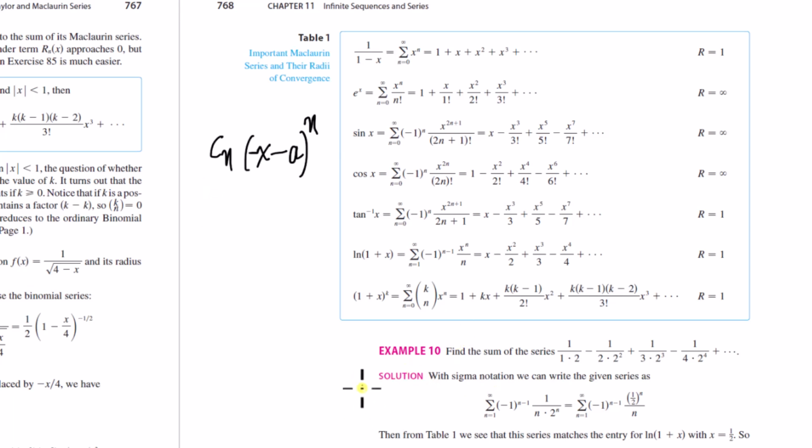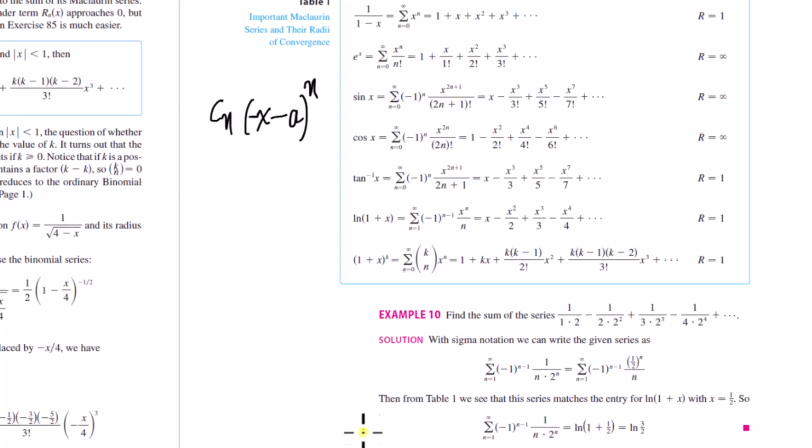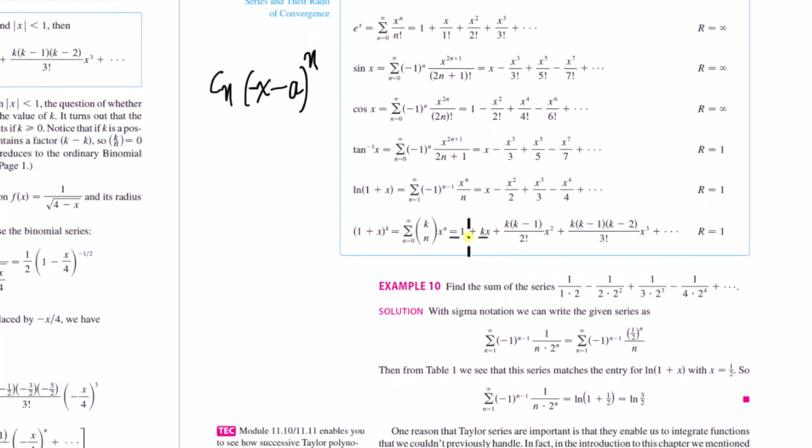Okay. So here's an example where it's a pattern match, but they're actually matching up the patterns of the series expansion. They say find the sum of this series, and what they do is find an a sub n representation for this, and they get that.